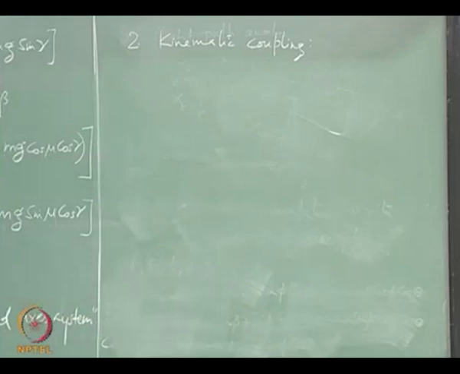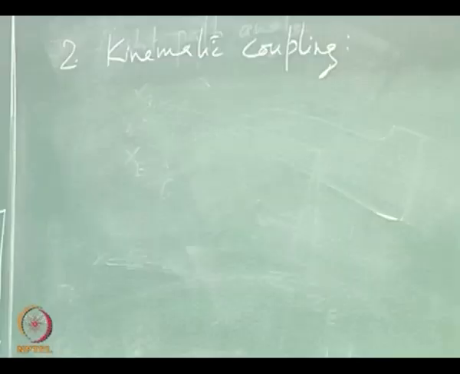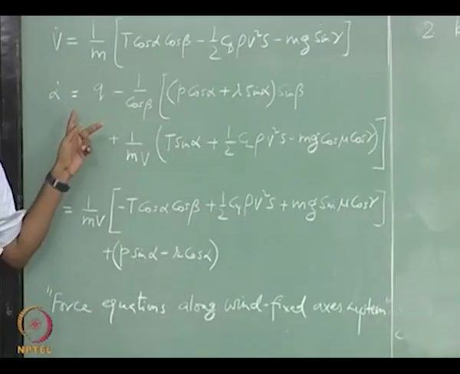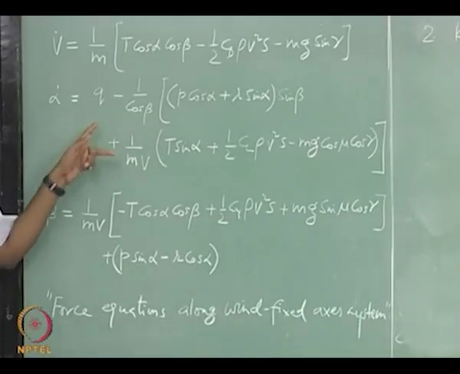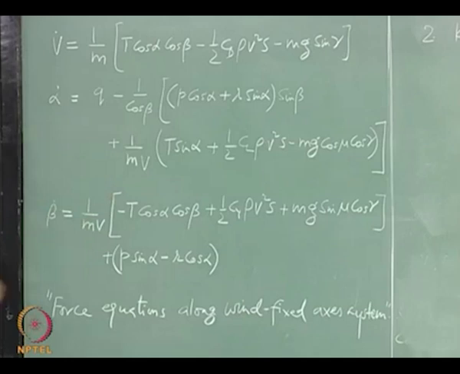Kinematic coupling, this is the coupling of alpha and beta dynamics. Okay. So, at high alpha, because of alpha you have beta generated, and beta is going to affect alpha in turn. So, these two equations become strongly coupled at high alpha.